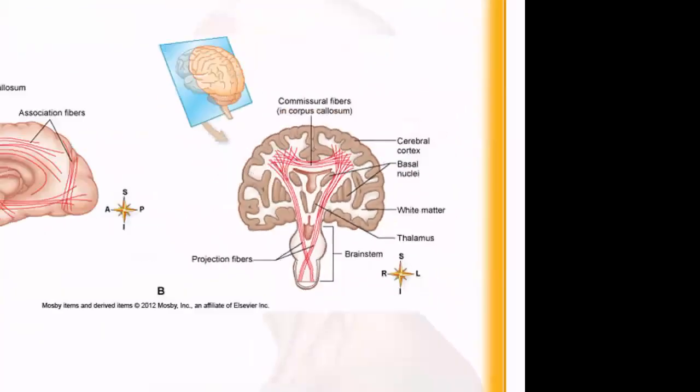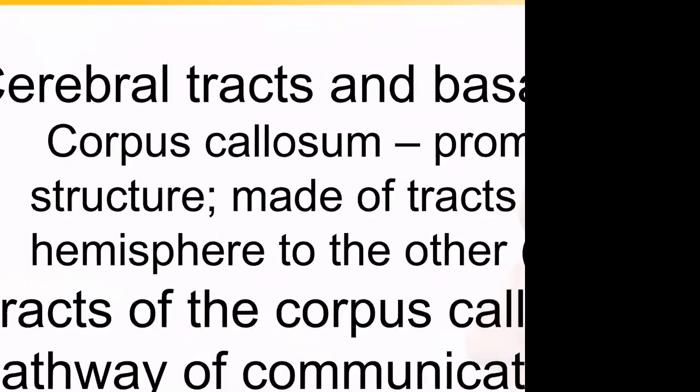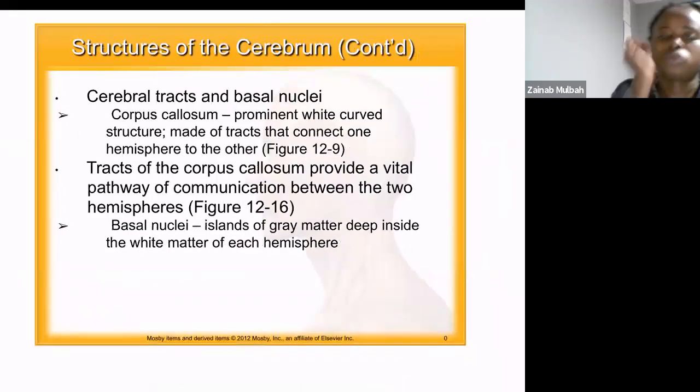And then there's a band of tissue called the corpus callosum, so that the right side of the brain is able to communicate information with the left side of the brain, and the left side is able to communicate information with the right side. Okay, that's the corpus callosum. Yep.